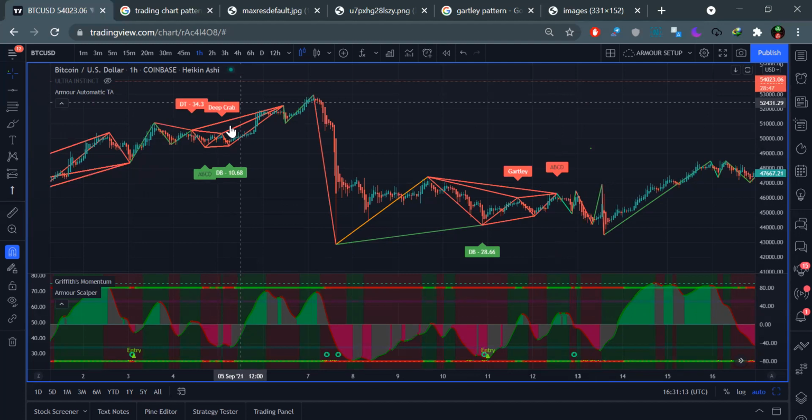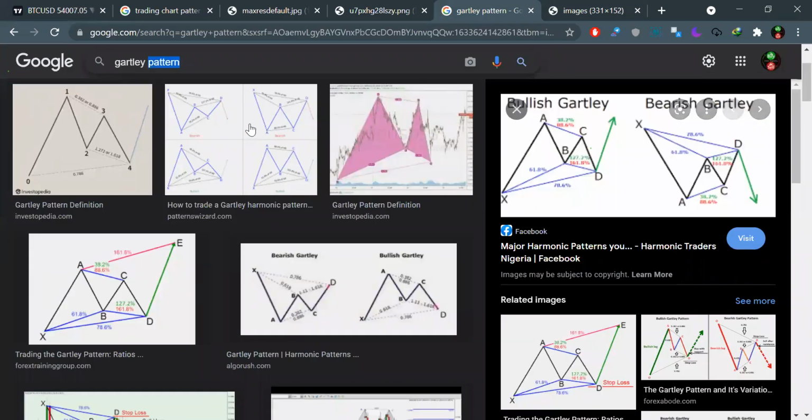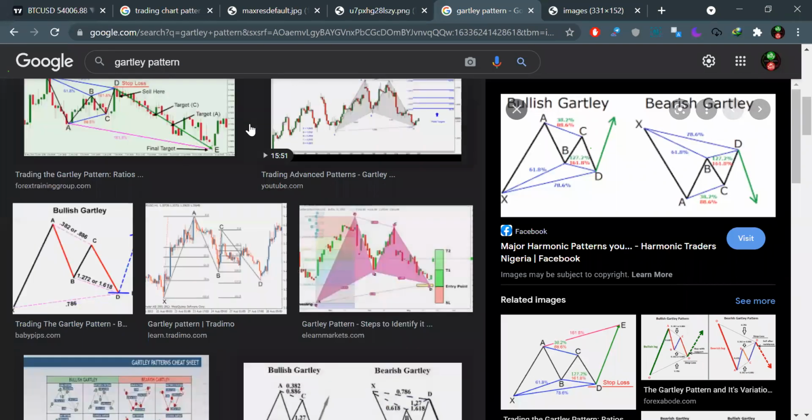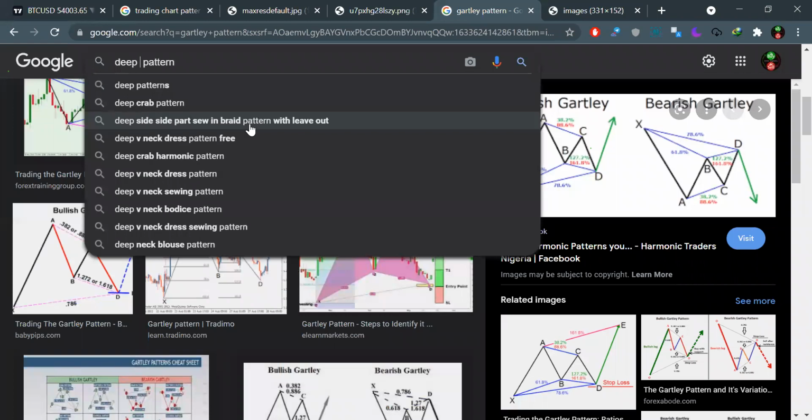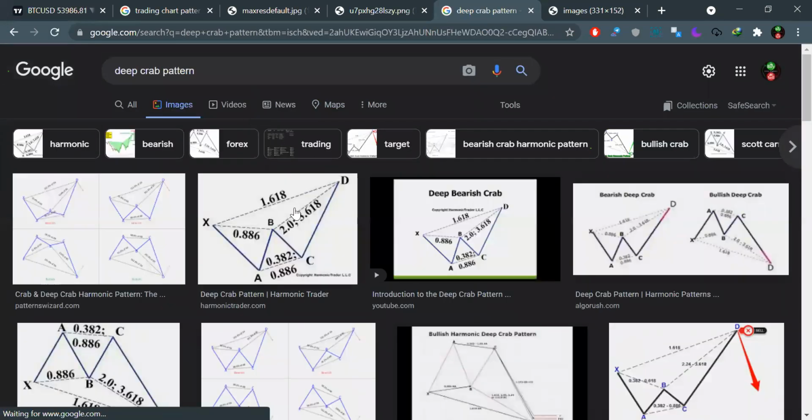And now deep crab. There are some more examples here. Deep crab pattern. Here, look. So in the deep crab, the D wave is usually very long.